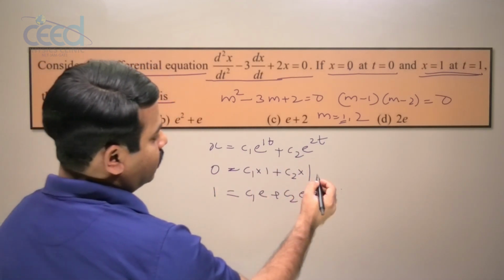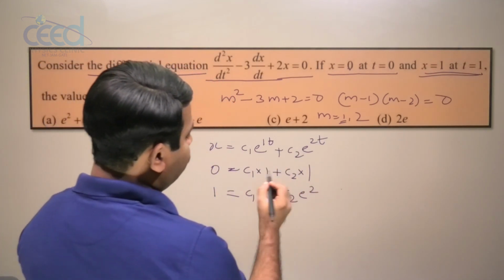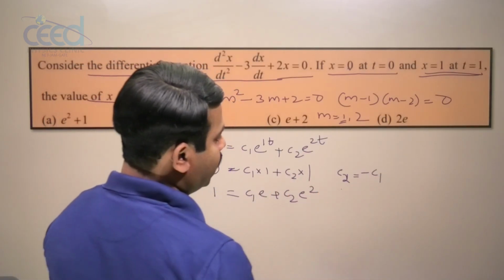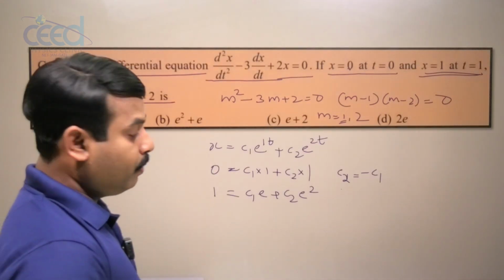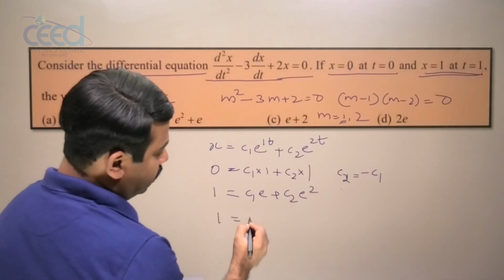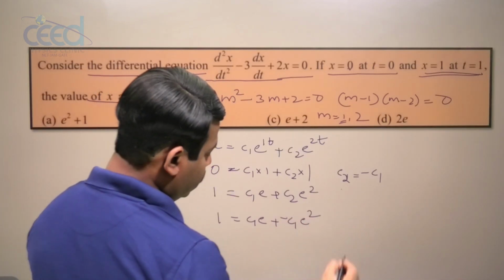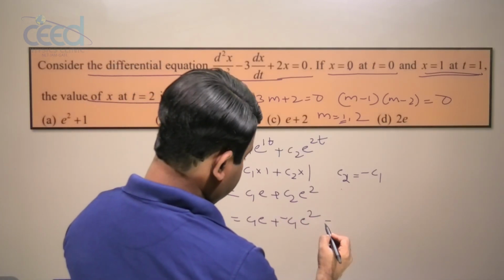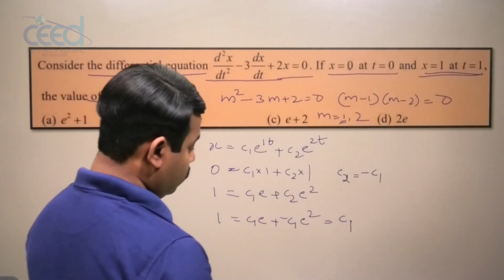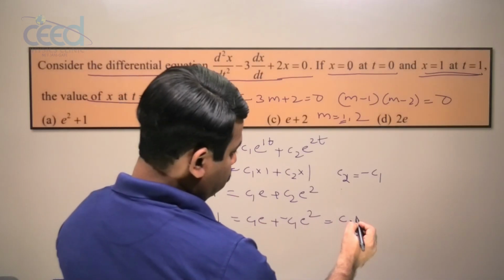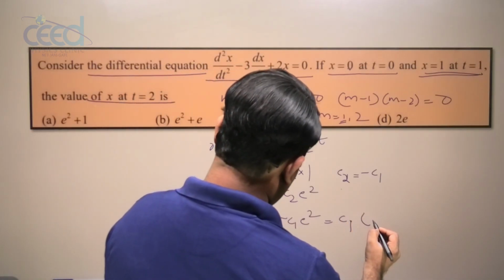So from the first, c1 plus c2 is 0, so c2 is equal to minus c1. Then 1 is equal to c1 e plus c2, which is minus c1, into e square. Then I can write this as c1 into (e minus e square).